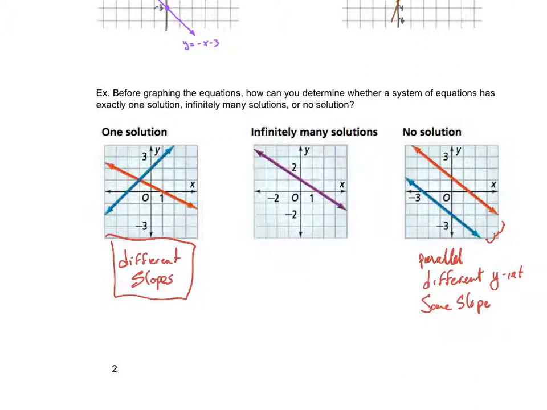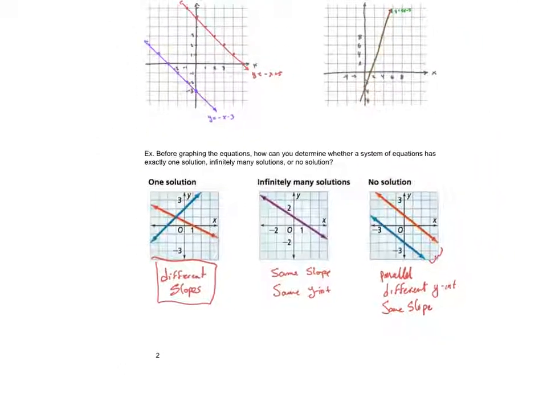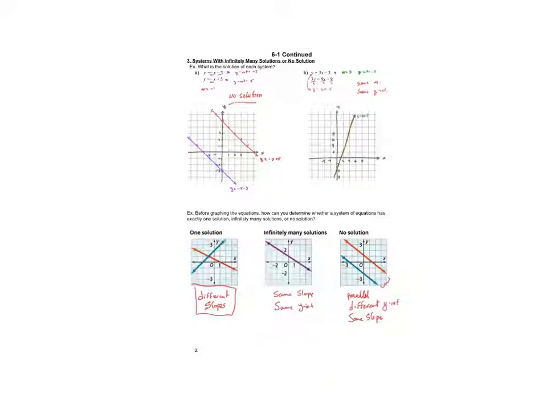They will never touch with the same slope and different y-intercepts. And for infinitely many solutions, they have the same slope and the same y-intercept because they are the same equation. So there you go, same slope, same y-intercept. And that's how you can quickly tell how many solutions there will be. So just keep that in mind.